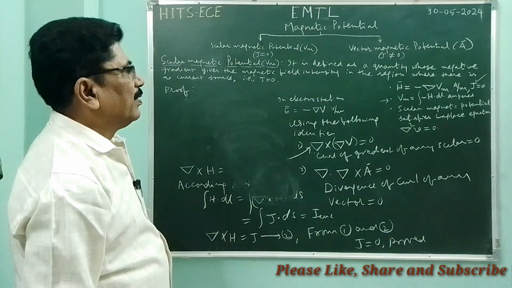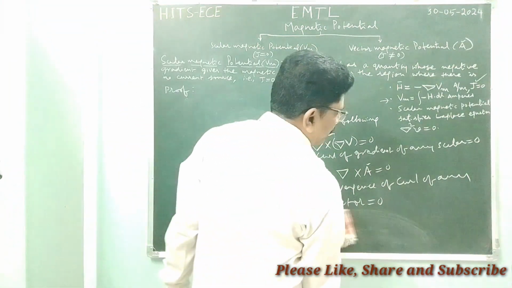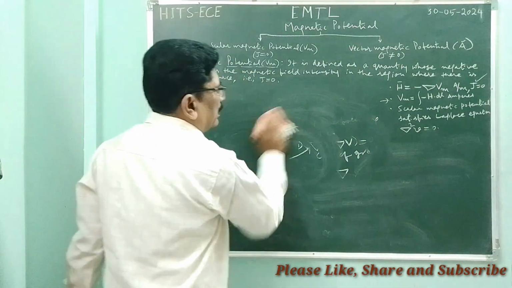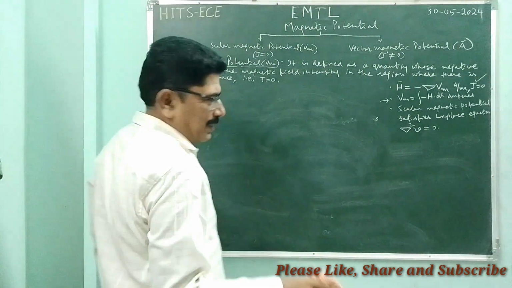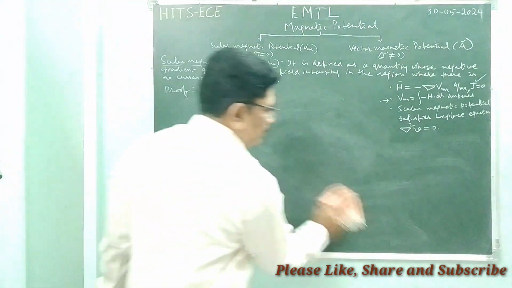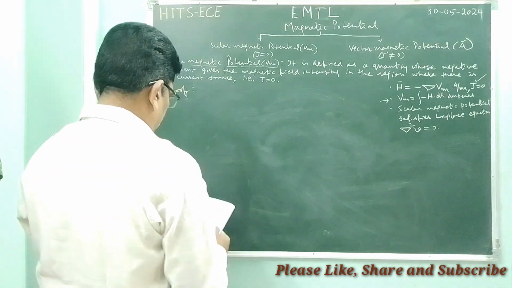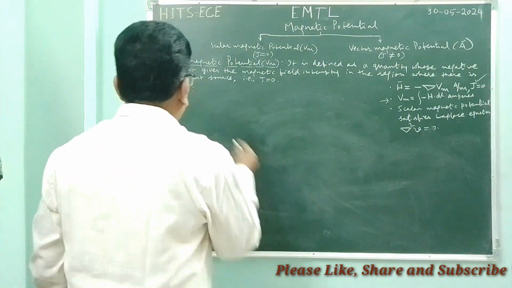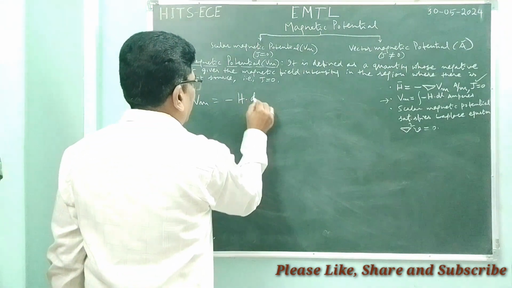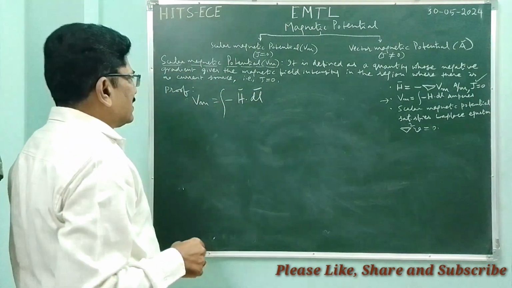Now the second one: you have to prove that Vm is equal to integral minus H dot dl. Here dl is a vector, H is also a vector, but Vm is a scalar.